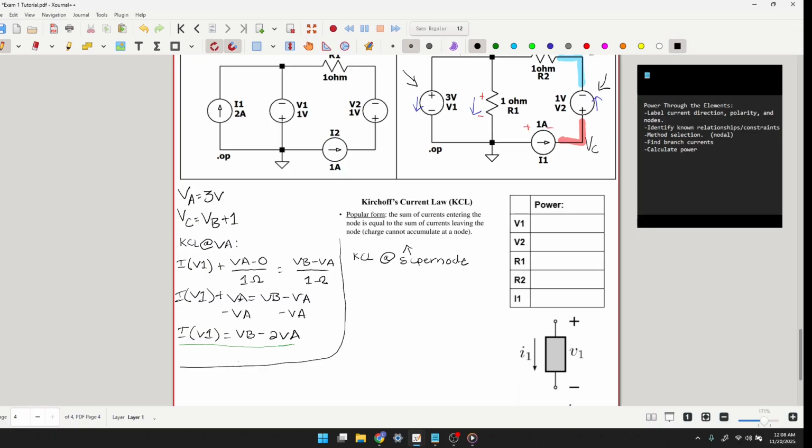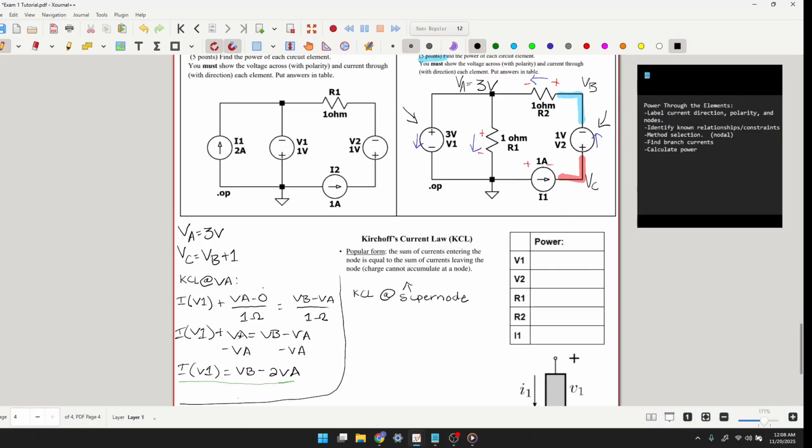Our next KCL equation is going to be at our supernode. Now, to follow the same convention that we talked about before, we're going to take a look at the currents that are leaving the supernode and the currents that are entering the supernode. The current that is leaving the supernode is conveniently the same current that is going through R2.